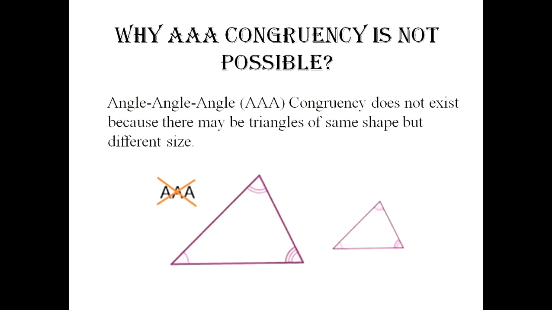Here the corresponding sides are not equal, since the first diagram is a bigger triangle and the second is a smaller triangle. So we can say that AAA congruency, angle congruency, does not exist.